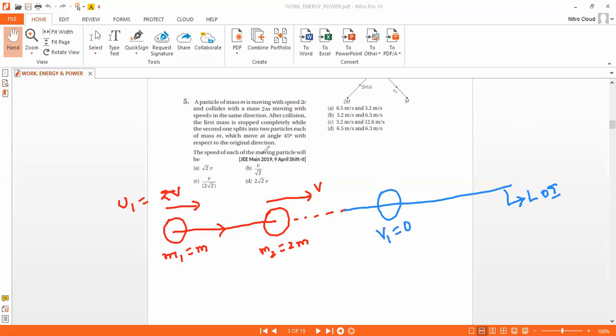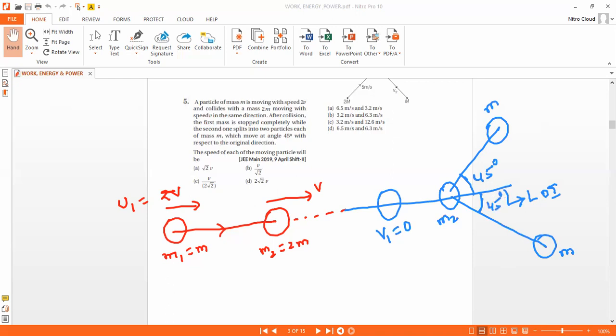The second one splits into two particles, each of mass m, which move at 45 degrees with respect to the original direction. Suppose this is my m2, this is m, and here is another particle, also m, which makes an angle 45 degrees with respect to the original direction.